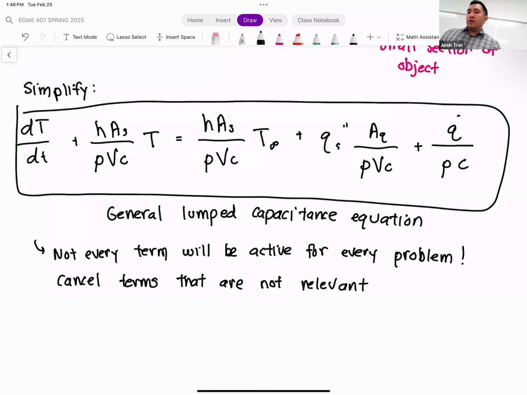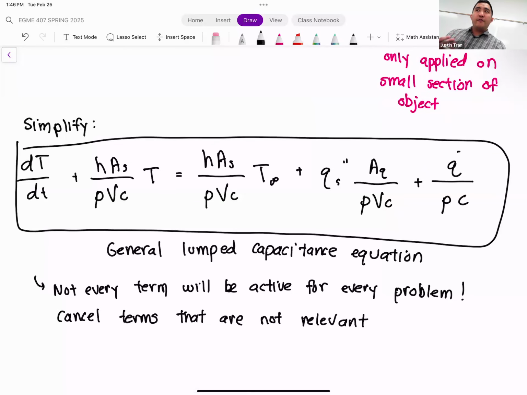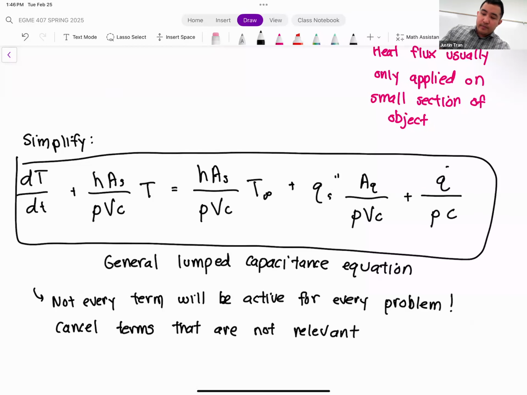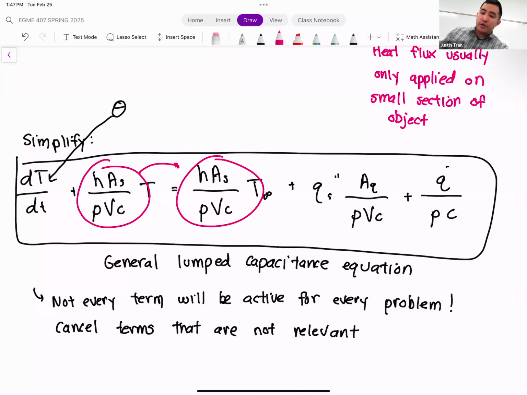But before we jump into an example, are there any questions on this? Okay. Oh, by the way, some of you may have noticed that I've left this entire equation in terms of temperature T. If you want to solve this in terms of excess temperature theta, you can do that. Then theta here would replace the temperature there, and most importantly, it would take both these convection terms and lump them together into one.